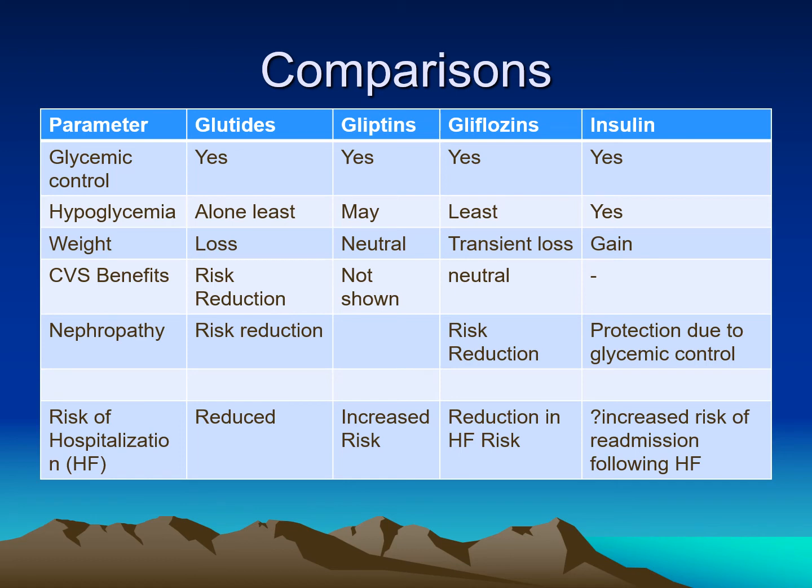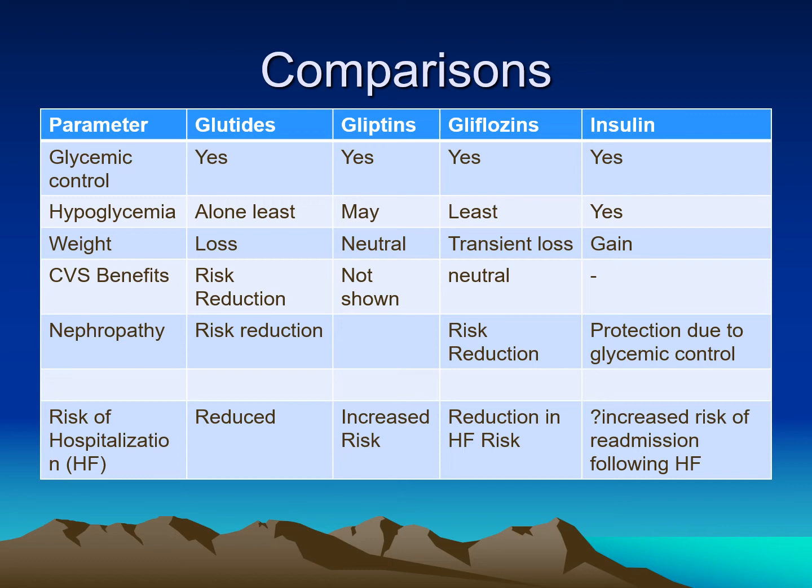Now, if you compare the currently available newer agents for diabetes, the glutides, gliptins, gliflozins, and insulin, glycemic control is achieved by all. Incidence of hypoglycemia is much less with the GLP-1 agonists.